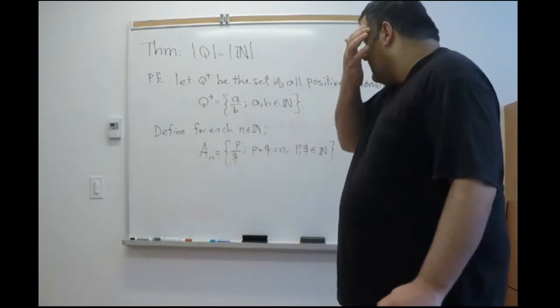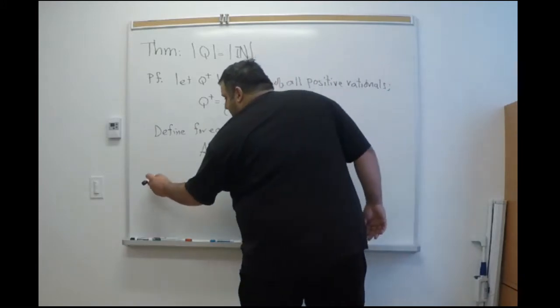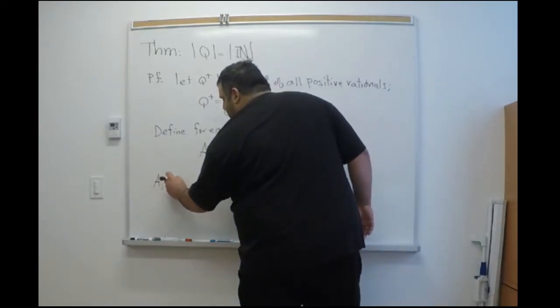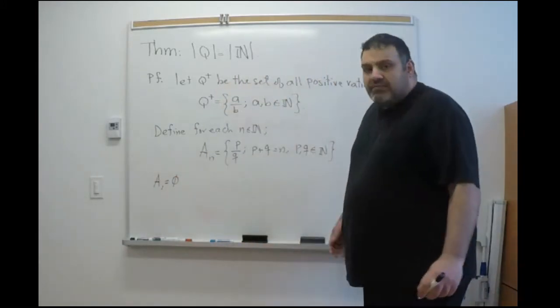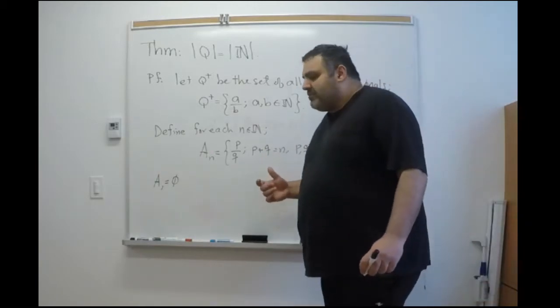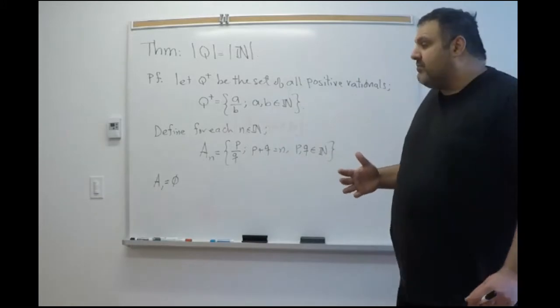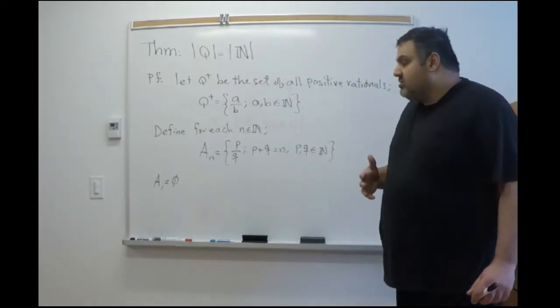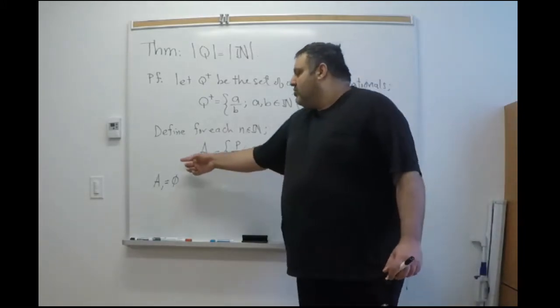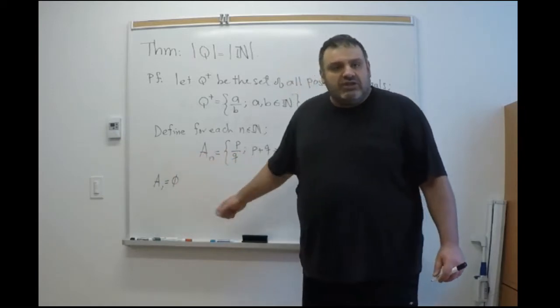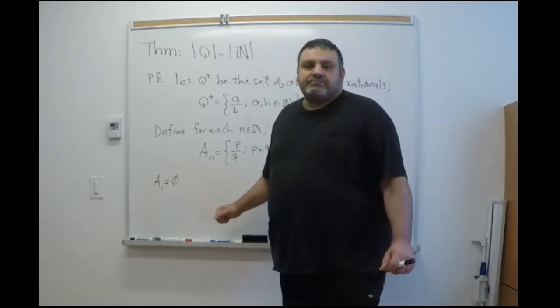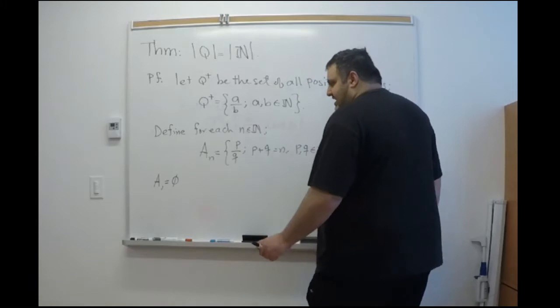Okay? So as an example, A1 would be empty. Why? Because remember, the natural numbers start at 1. If you add any two naturals, the smallest number you can get is 2. So there is no fraction whose numerator plus denominator gives 1. So A1 is just the empty set.